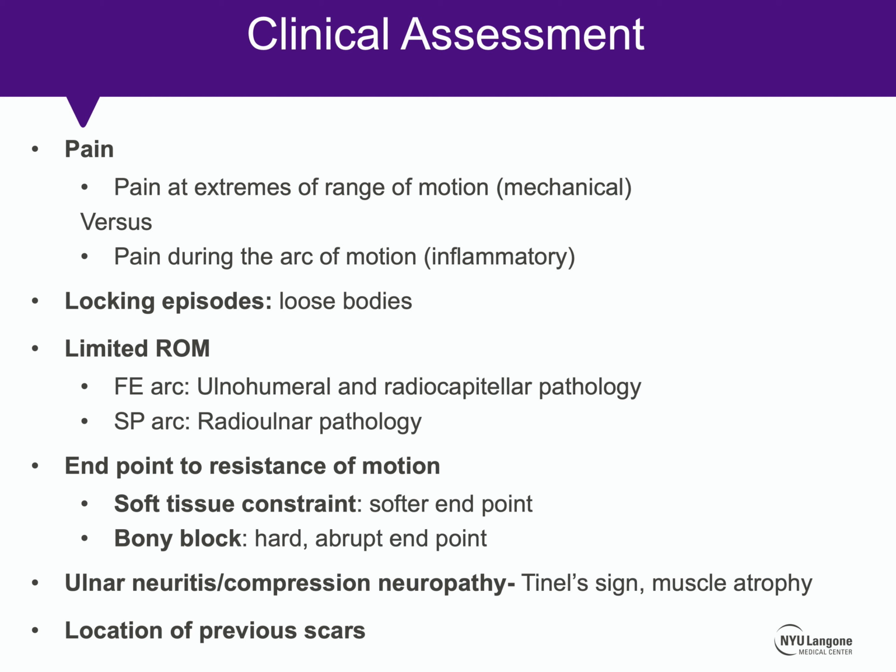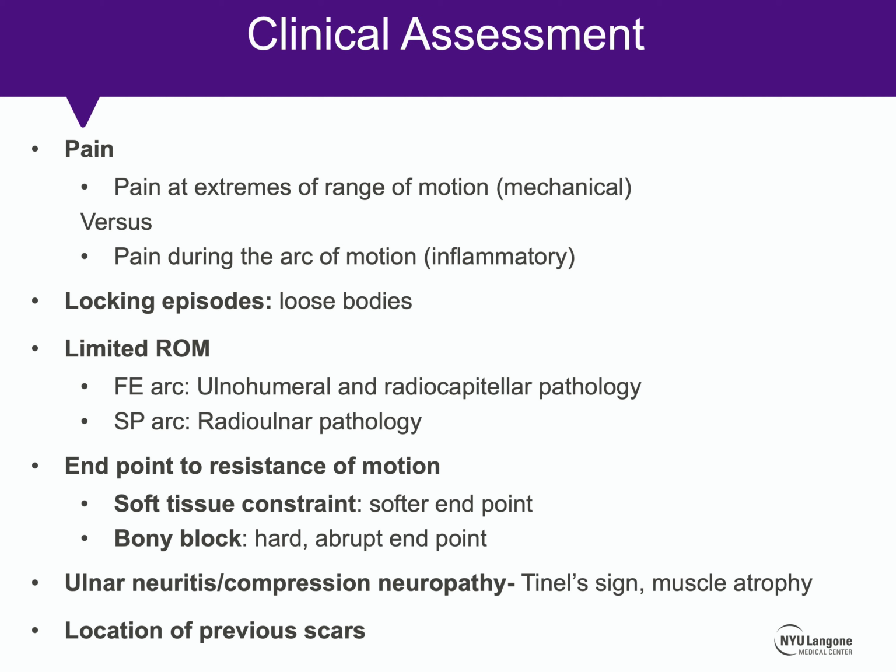If there's limitation of the flexion-extension arc only, then the pathology is most likely limited to the ulnohumeral and radiocapitellar joints. And if the pathology also involves the supination-pronation arc, then it most likely includes the radio-ulnar component as well. It's important to distinguish the endpoint to resistance of motion.